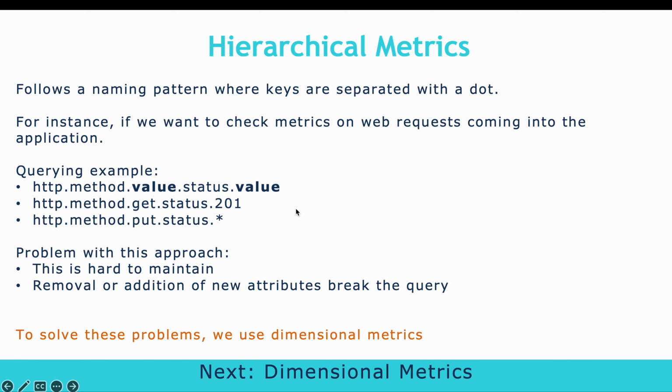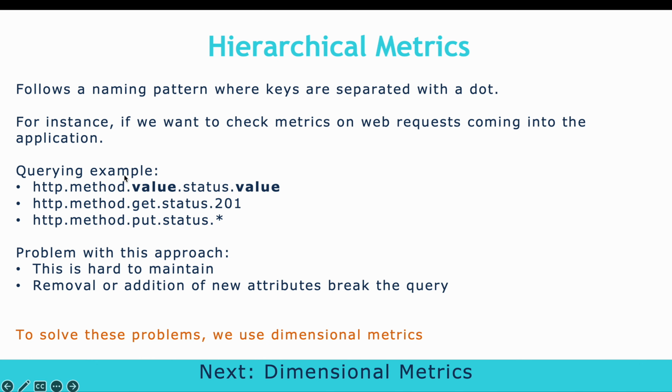You can just ignore this status 201. So you would say in your query http.method.get.status.200. Or if you don't really care about the status code, you just put a wildcard, which means all status codes are allowed for this particular method. You can also wildcard the method. It's all in your hands.